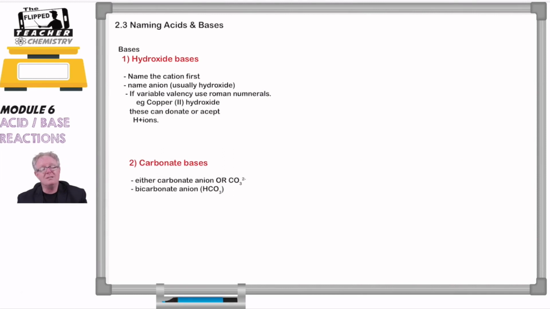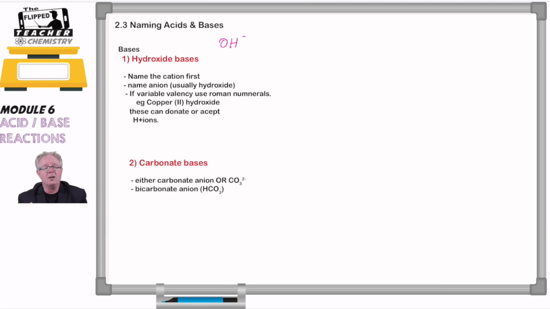Well, as you know, it's all about the base, right? So let's do bases, because bases are really a lot simpler compared to the acids. Now, hydroxide bases are those that have a hydroxide ion, okay, and they're the ones that we said previously release that hydroxide ion into solution. And so we name the cation first, just like in any naming system.